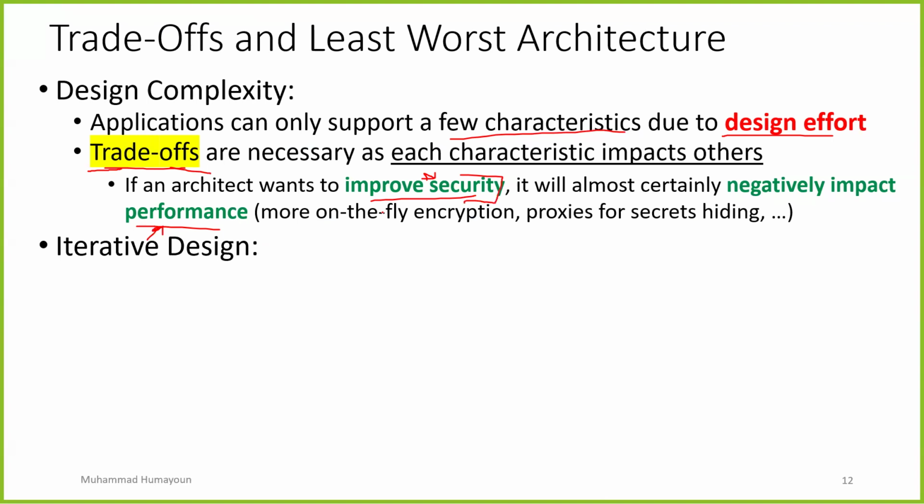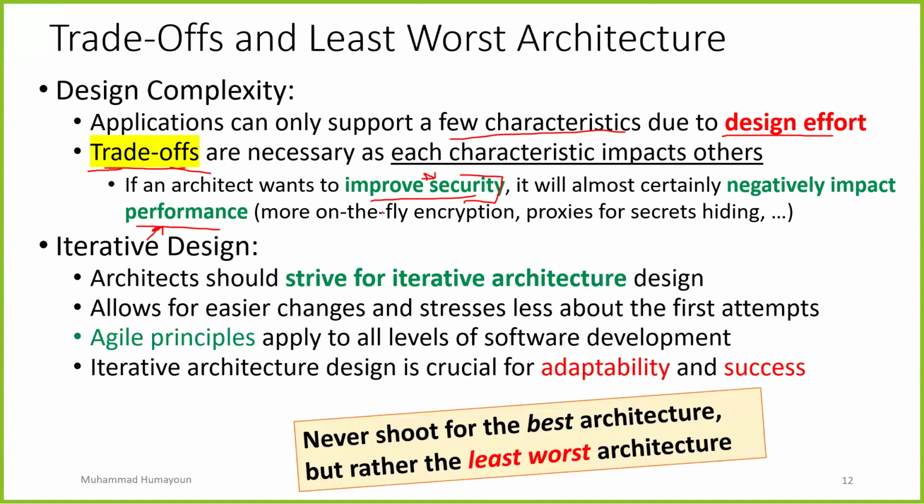And then comes iterative design, coming back to agile principles. In the modern time we are living in, architects should strive for iterative architectural design, and it allows for easier changes and stresses less about the first attempts.